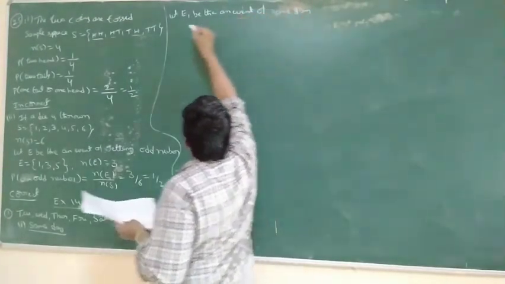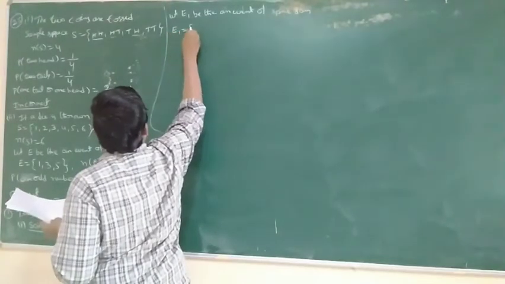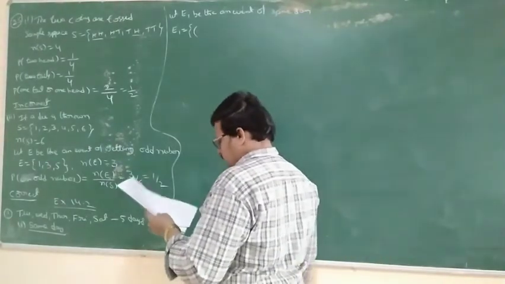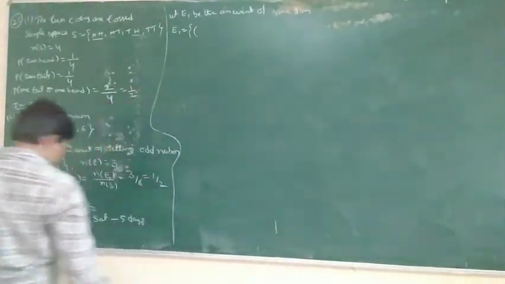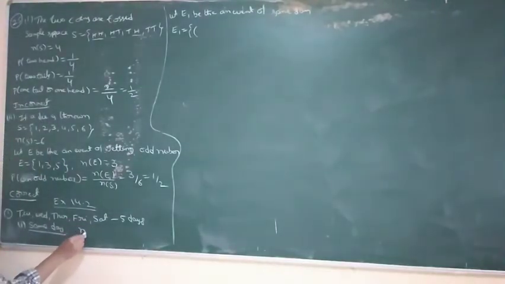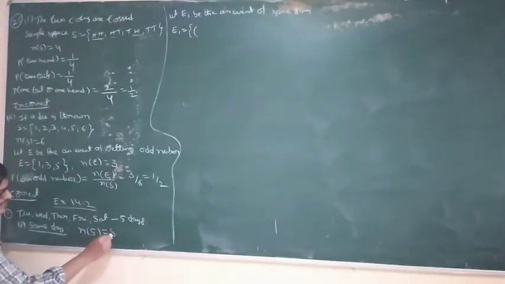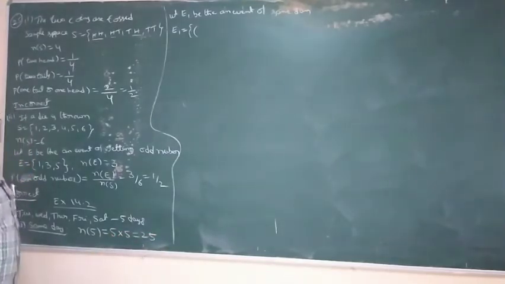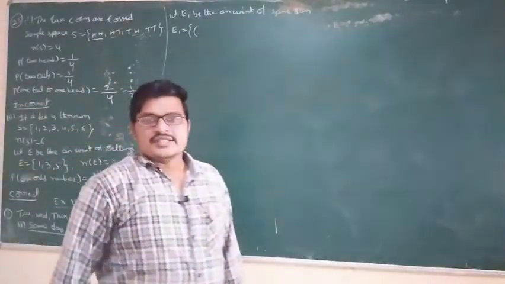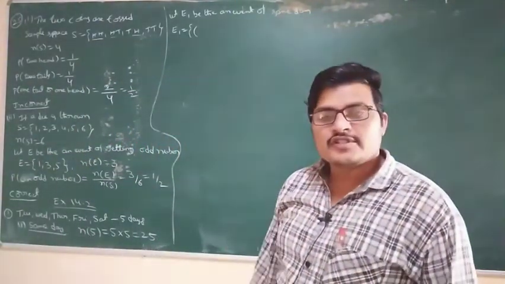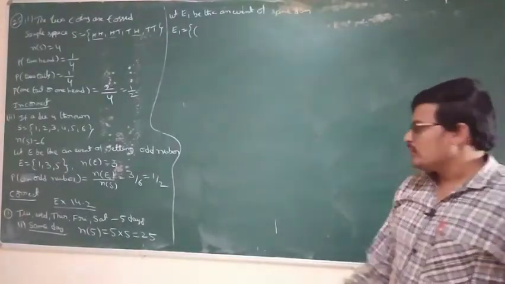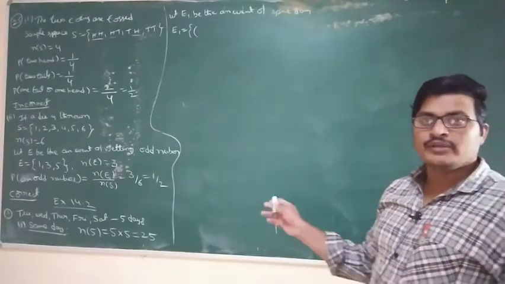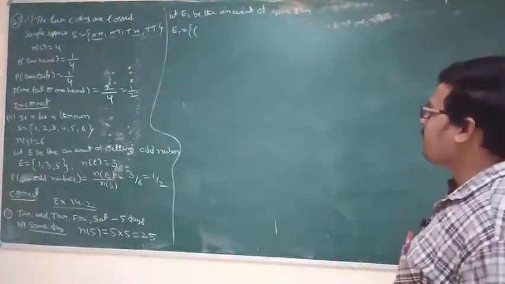Here N of S: two members, each member visiting on one of 5 days, so 5 into 5 is equal to 25. N of S is equal to 25. It is like 2 dice rolled, each with 6 faces, total sample space 6 into 6, 36.